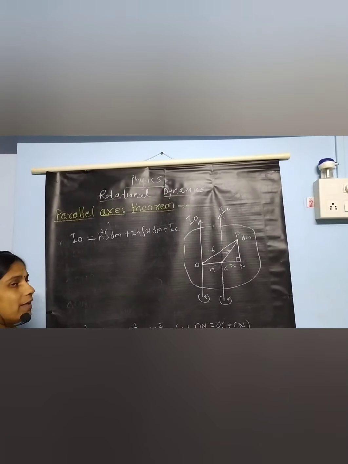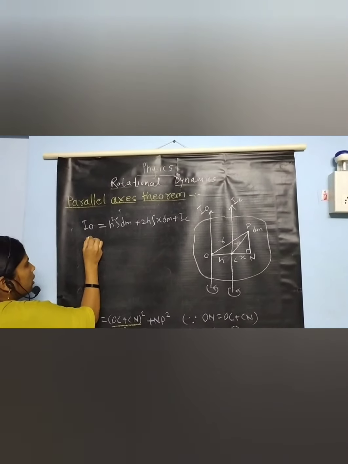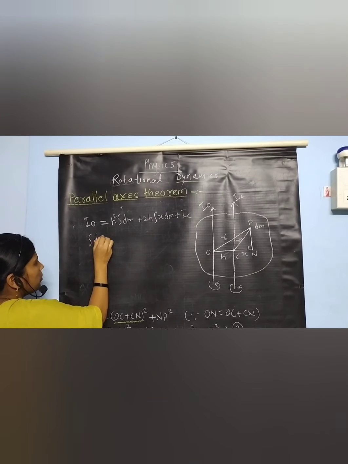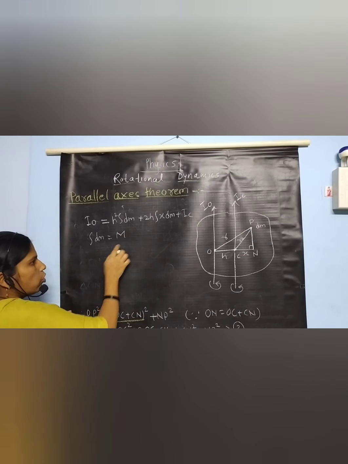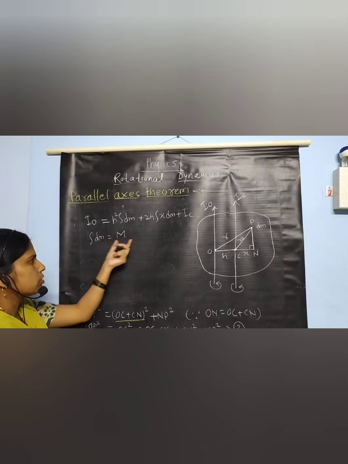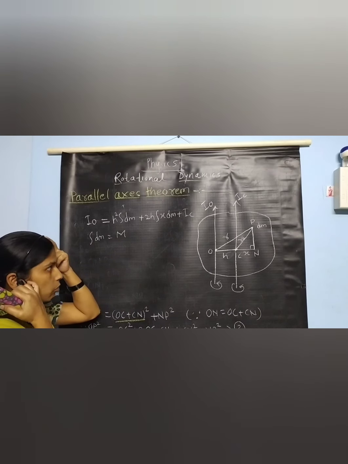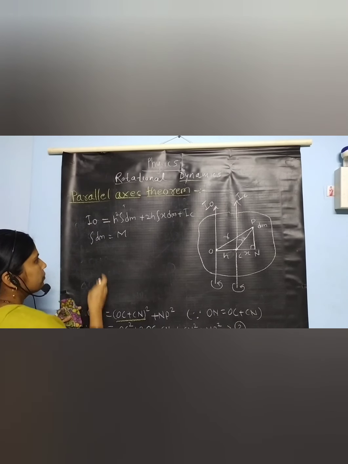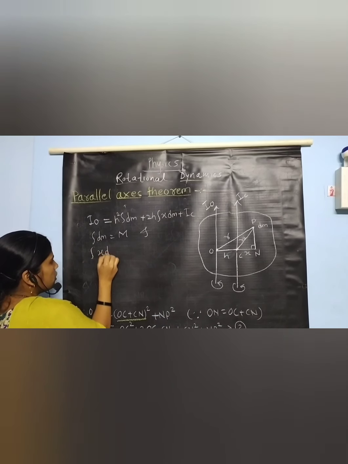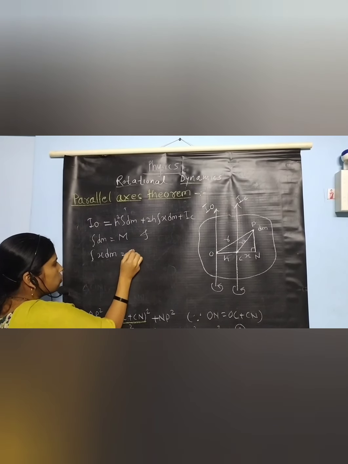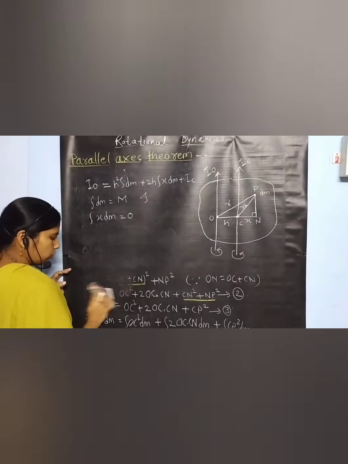Okay. Then integration of dm is nothing but the total mass of the body, and integration of x dm is equal to 0. Why is this equal to 0?